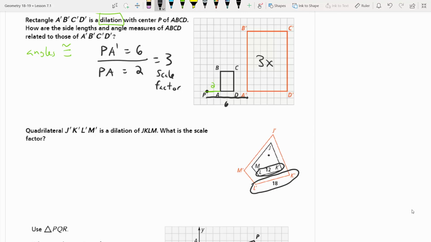So I'm going to take my image measure 18 over my pre-image measure 12, and then I'm going to simplify that fraction. I can pull a 6 out of each of those, and I get 3 over 2. So that is my scale factor. So it went up by a value of 3/2 or 1.5, 1.5 times bigger.